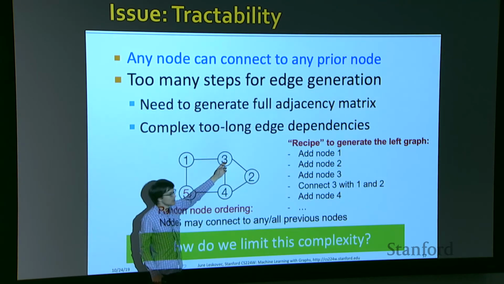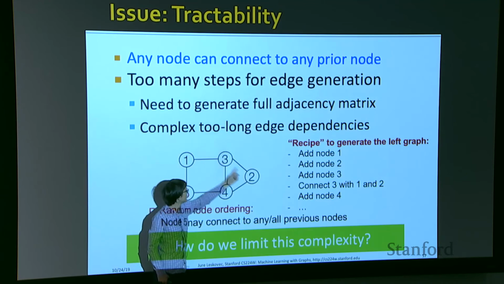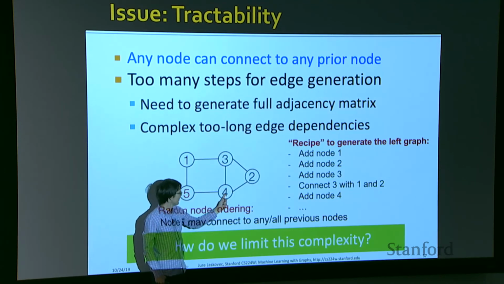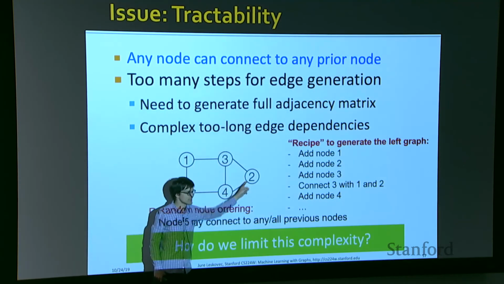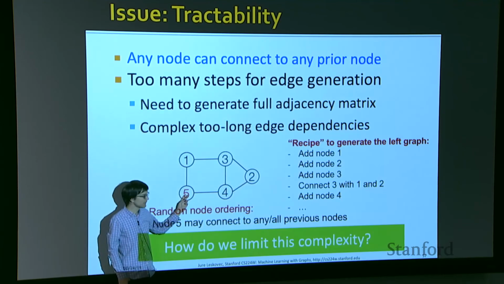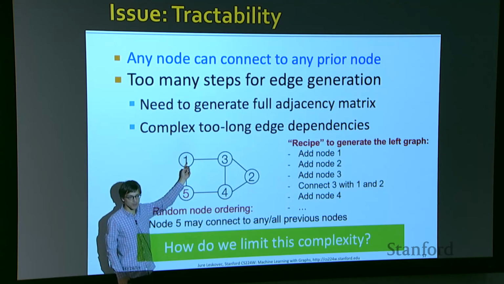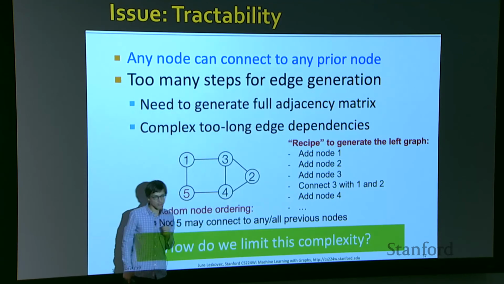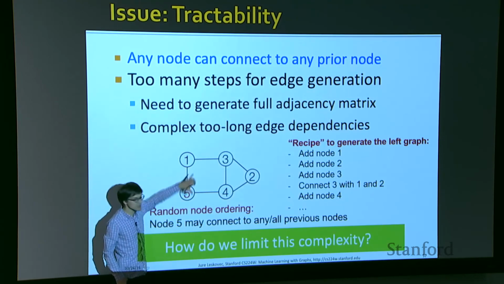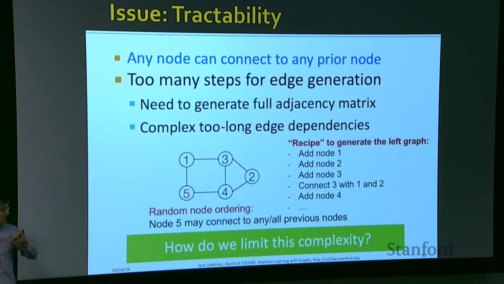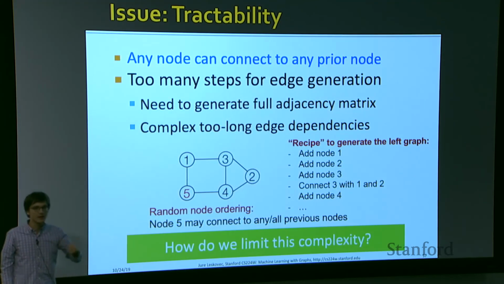Then generate node 3, generate 2 edges. Generate node 4, generate 2 edges. And then generate node 5. Now I need to remember that I need to link all the way back to node number 1 and node number 4. So the difference between node IDs is the amount of memory I need.